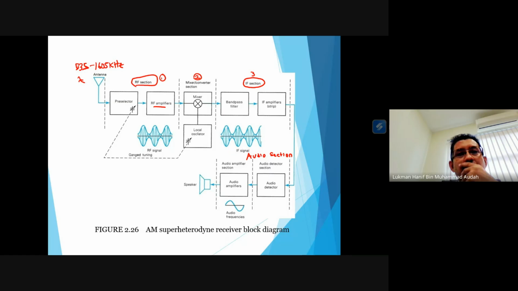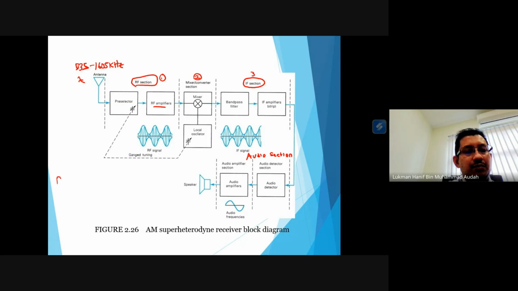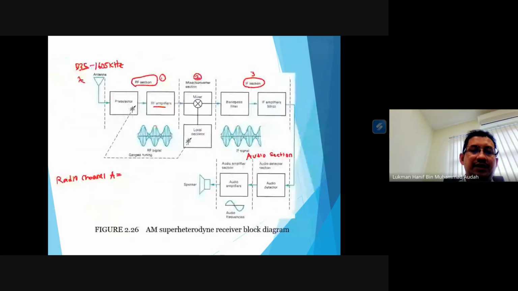So when we open our radio and want to listen to a radio station, for example radio channel A, which has a frequency of, previously, 900 kilohertz.